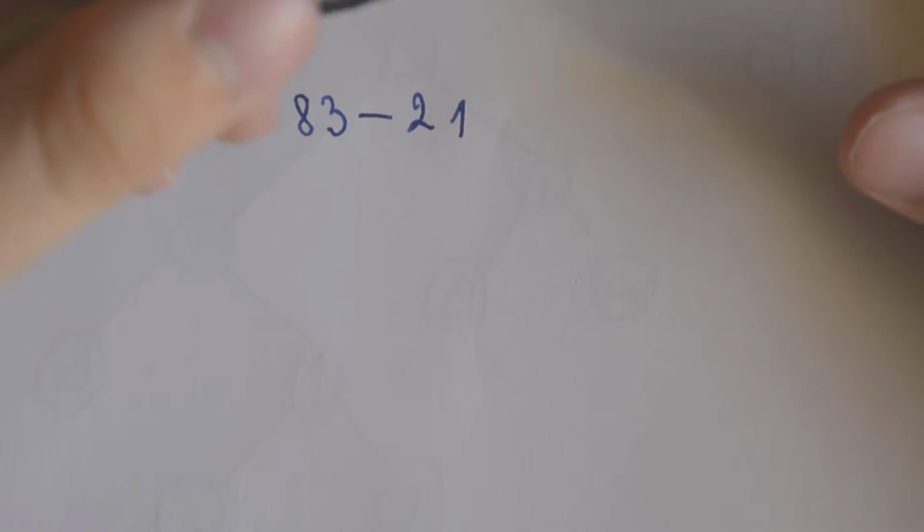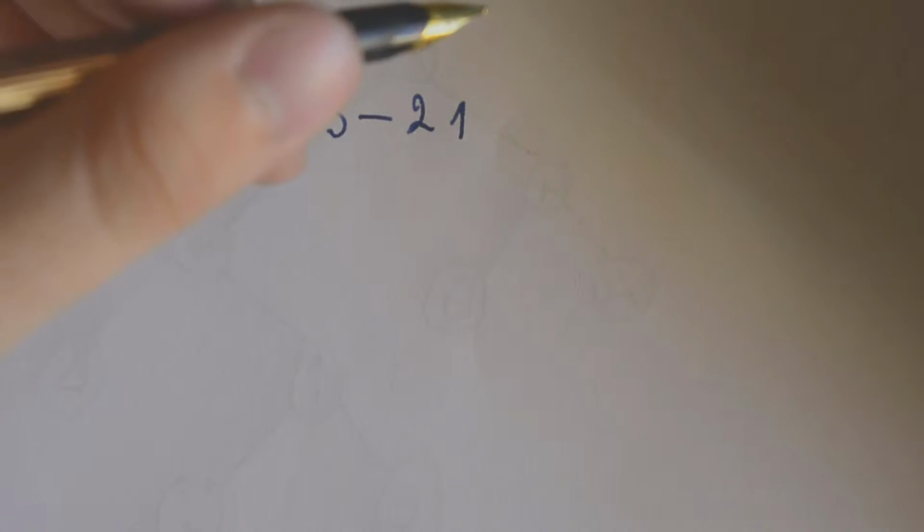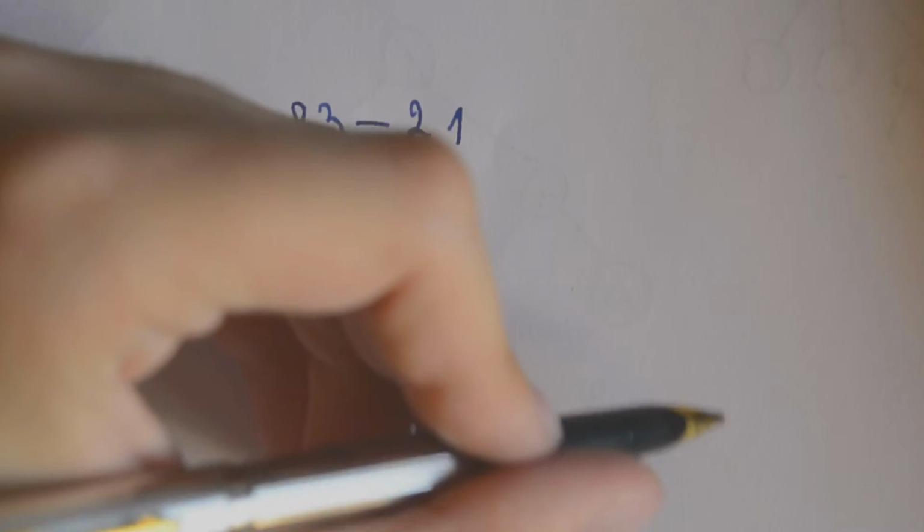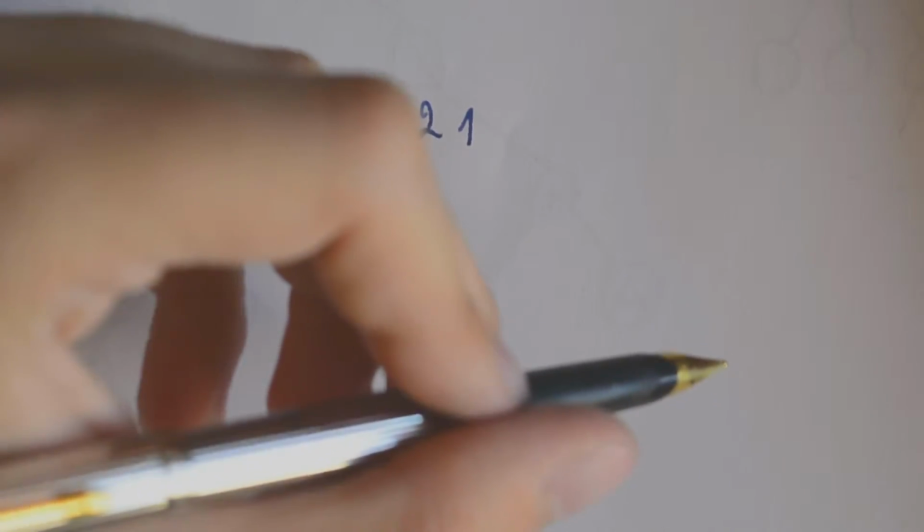So if you don't know what a stack is, it's basically just like a stack of books. Just like your stack of books, you can only put another book on the top. You can't put it on the bottom or in the middle. So let's assume you have this stack of books.